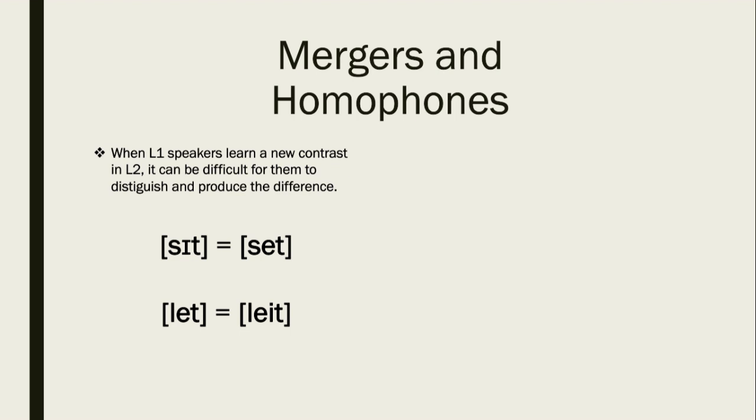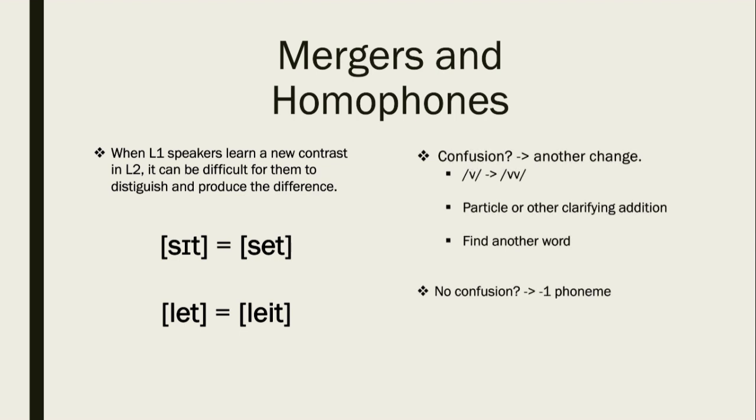If there is some confusion among the first language speakers, another change is going to need to happen in order for this meaning to get carried along. Either the single vowel can become a diphthong, or another particle or clarifying word addition of some kind can help to differentiate the two words, or one word might be lost completely, and another word that is easier for the second language speakers to pronounce will become more popular and more commonly used.